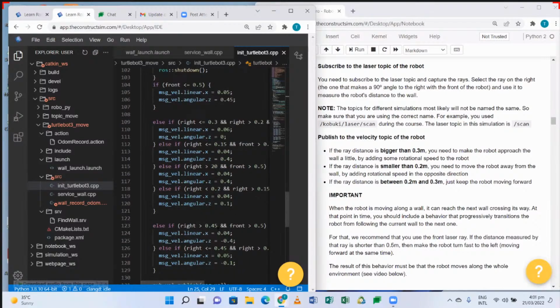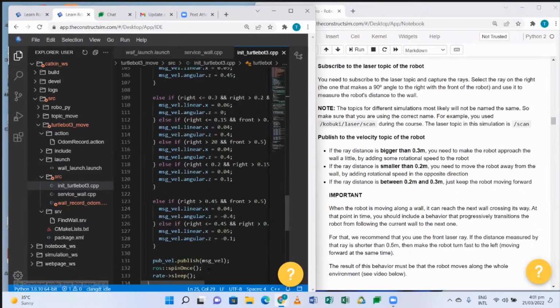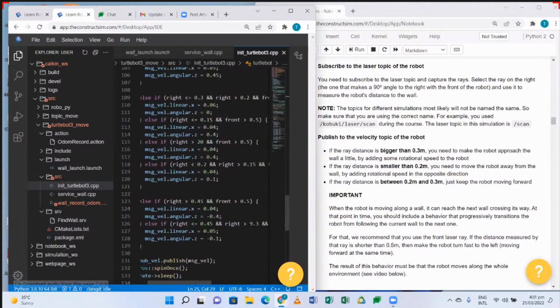Here, what I've done is that if it goes away from the wall greater than 0.3, then I have further divided it into two sections where it would take a strict rotation. First it would rotate with a rotational velocity of 0.1, and then it would rotate with a rotational velocity of minus 0.4.